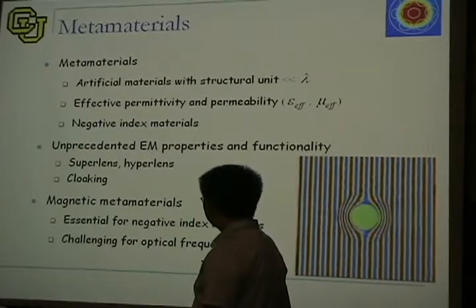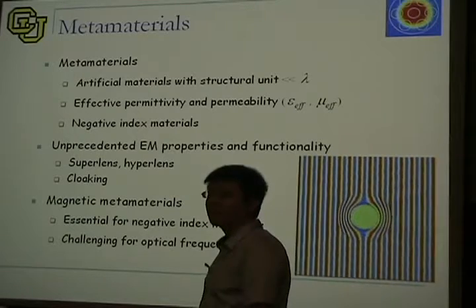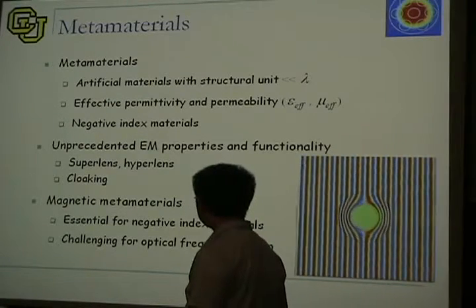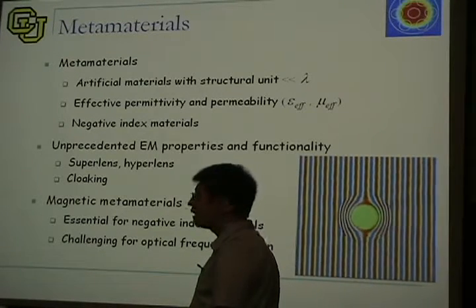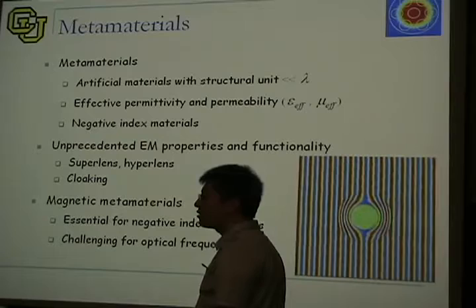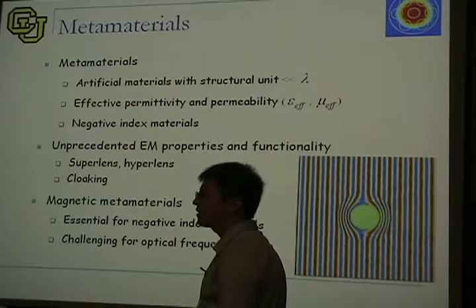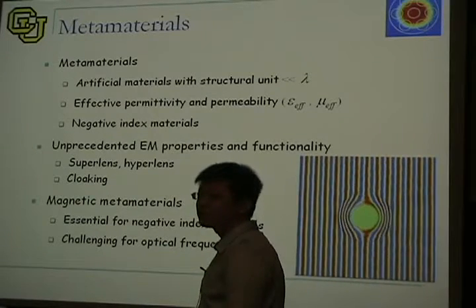And one way to achieve negative index materials is to have simultaneously negative permittivity and permeability, epsilon and mu. It is relatively straightforward to have negative epsilon using those metals, but it's actually challenging to have a magnetic active material, especially in the optical frequency region.